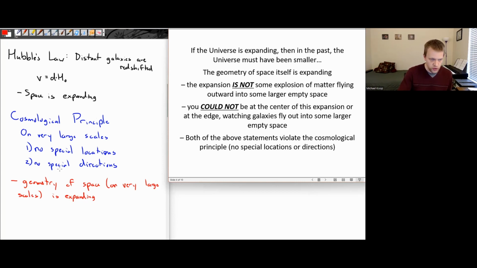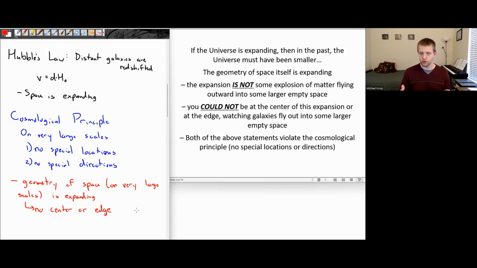So for this expansion of space, there's no center or edge, because both of those would be violating the cosmological principle. No special locations or directions on these very, very large scales.